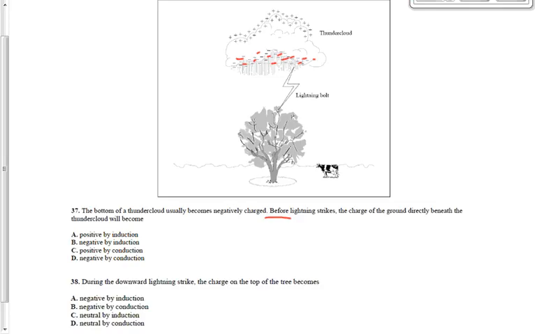This is before electrons are being transferred. What does that tell you? I don't even care what the question is. They haven't touched and we haven't transferred. It means what kind of charging do we have? Induction. We know it's got to be induction because nothing has transferred yet.